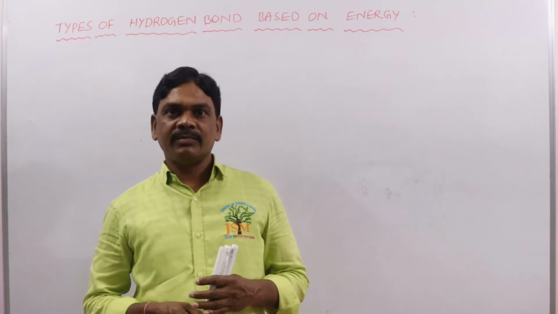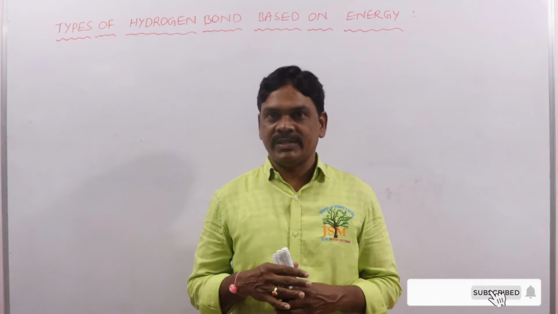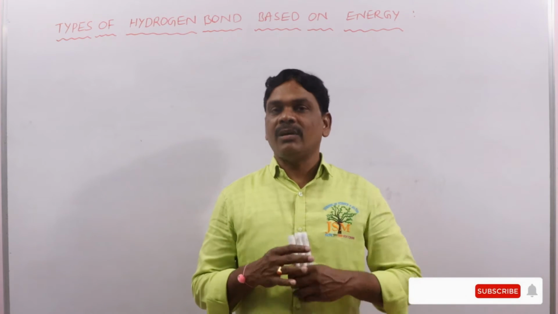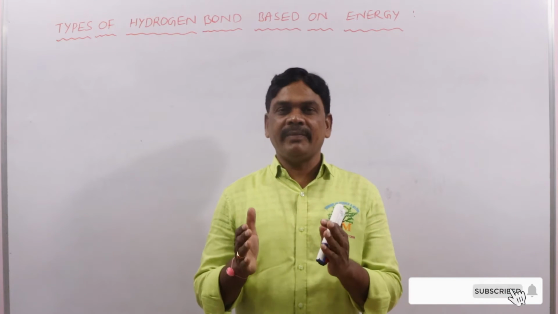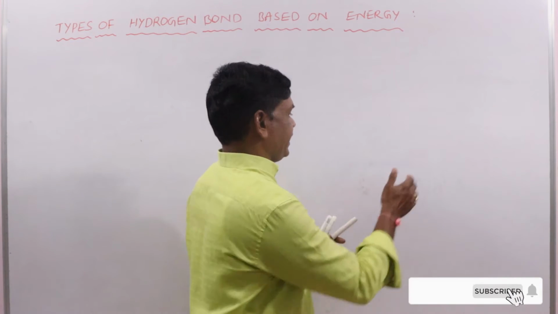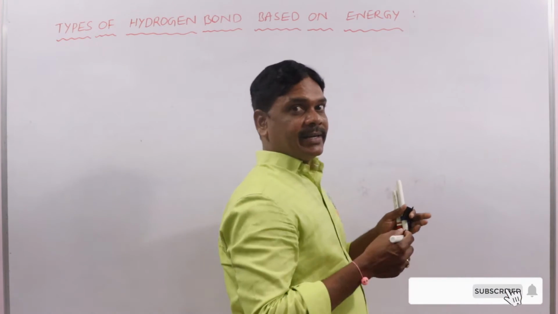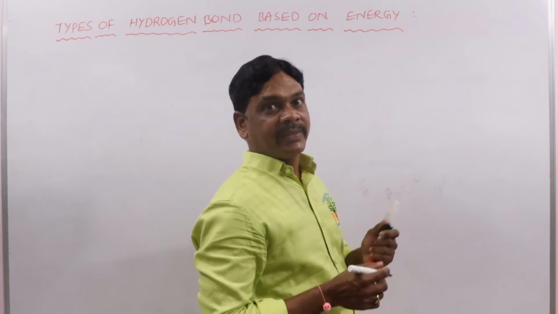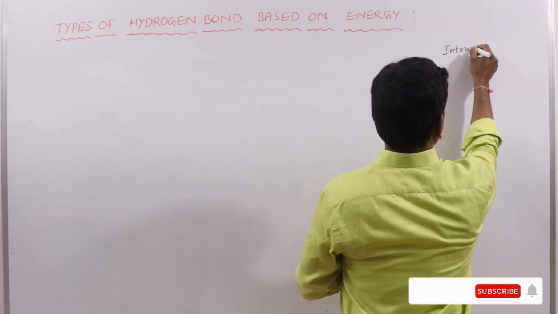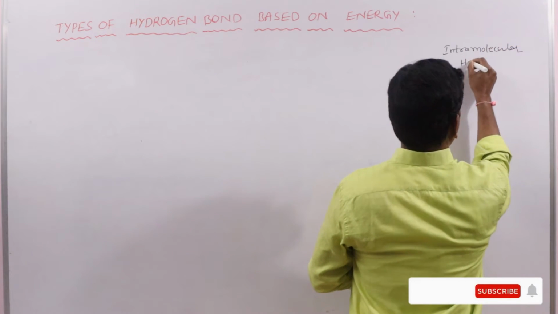In the previous video, I explained the types of hydrogen bonds, based on where the bonds form. For example, if the hydrogen bond exists within the molecule, that is known as an intramolecular hydrogen bond.